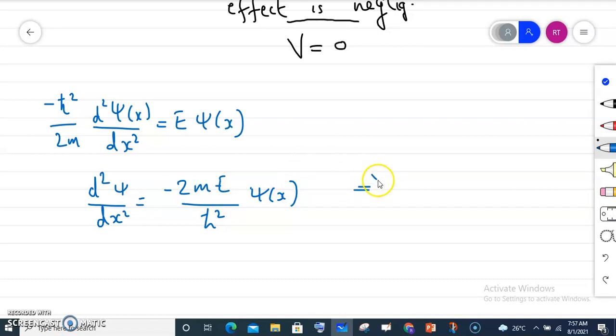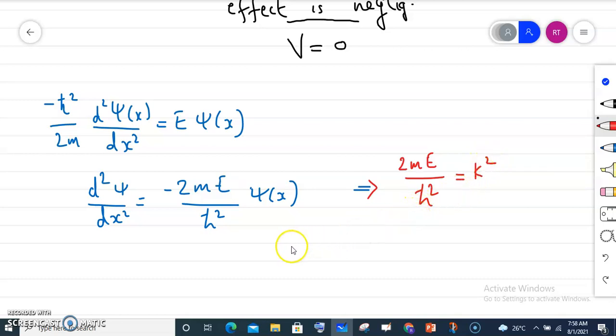This means that 2mE by h cut square is assigned with a value k square.